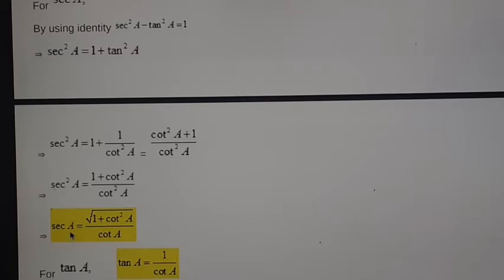So this will give us sec A is equal to square root of 1 plus cot square A upon cot A. Now we know tan A is the reciprocal of cot A. So we will get tan A is equal to 1 by cot A.